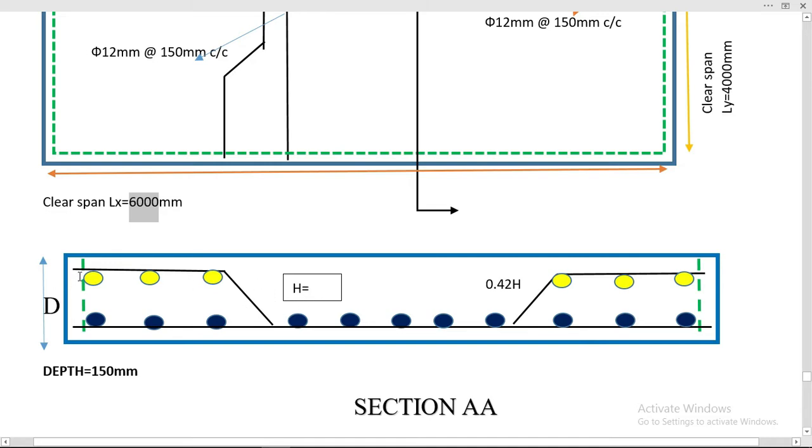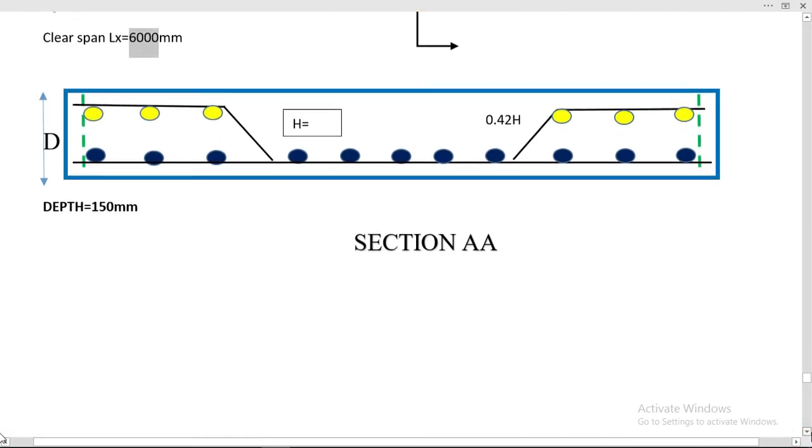That's why we deduct from the depth, which is 150 millimeter, the concrete cover from top and bottom, and minus 2 times half of the bar dia, half dia from this bar and half dia from this bar, to go from center to center to calculate h. So this was the section.